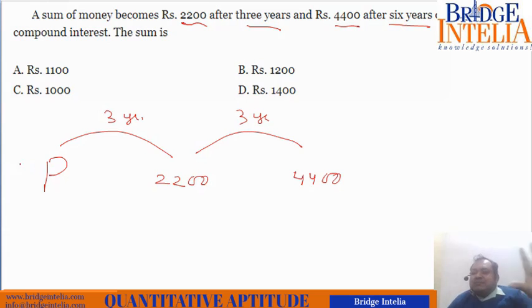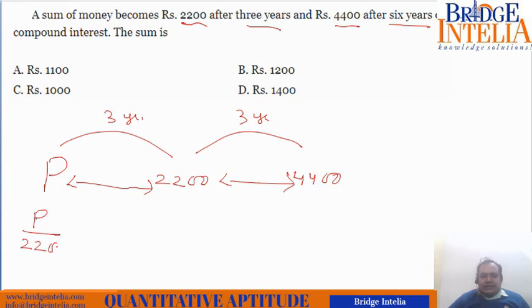Just understand the multiplication factor, because the time duration is same. Earlier it was getting doubled, tripled. This time I don't know by how many times it is increased. But one thing, the proportion is going to be maintained. So if P became this much and 2200 became this much, this proportionality will be maintained.